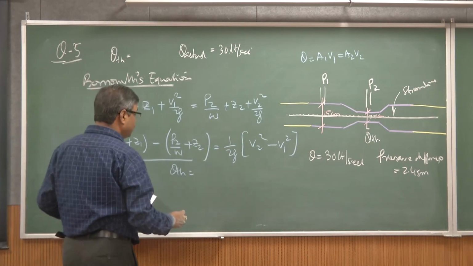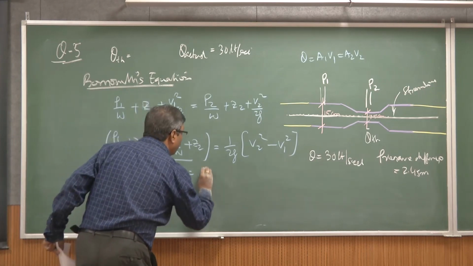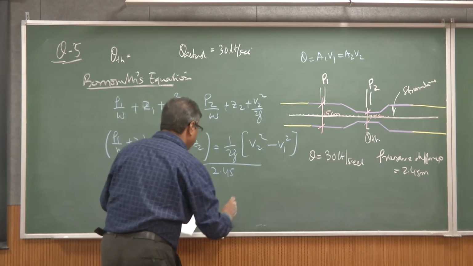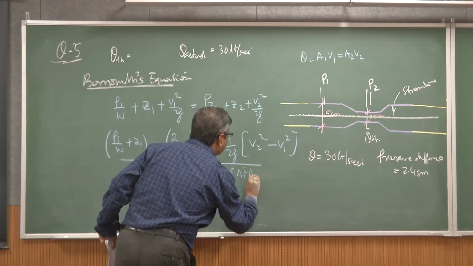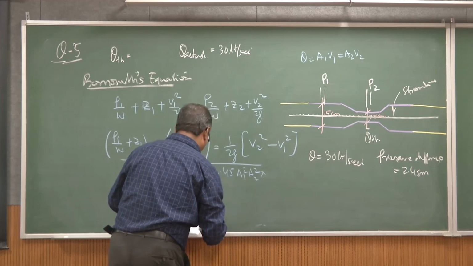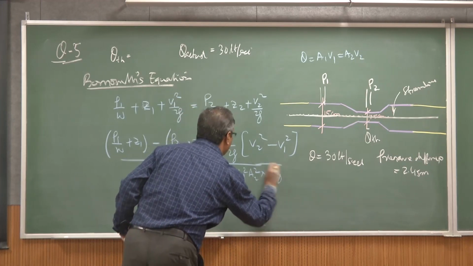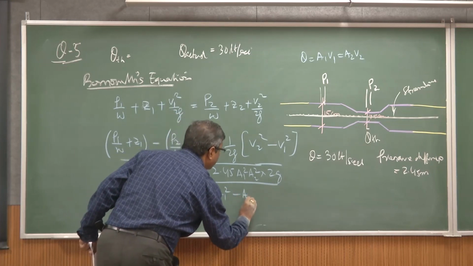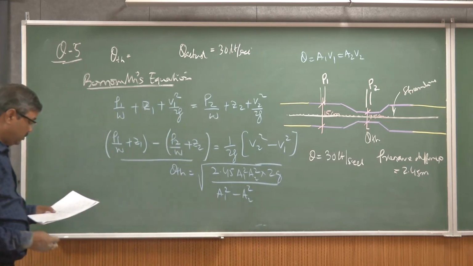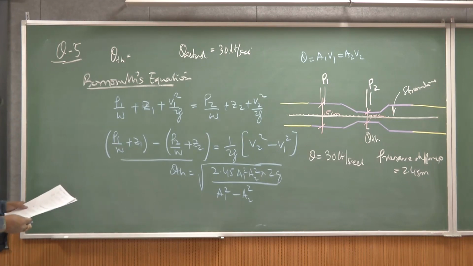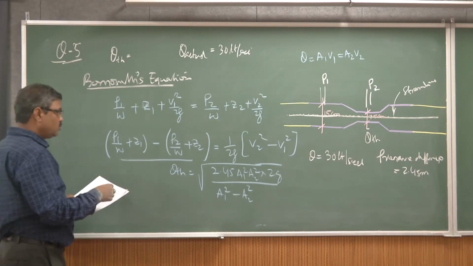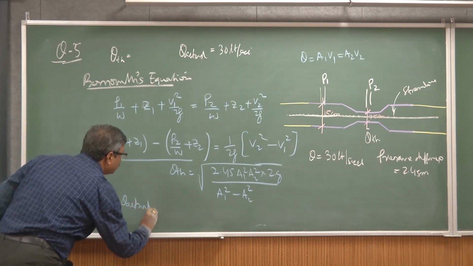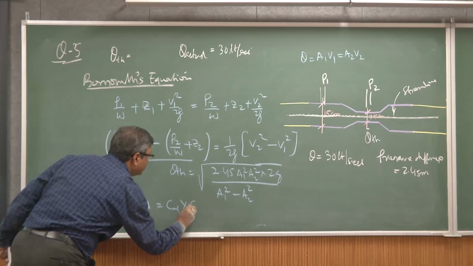In more detail, after substituting, Q theoretical comes out to be A1 A2 into square root of 2g times the head, by square root of A1 square minus A2 square. Q actual is equal to CD times Q theoretical.